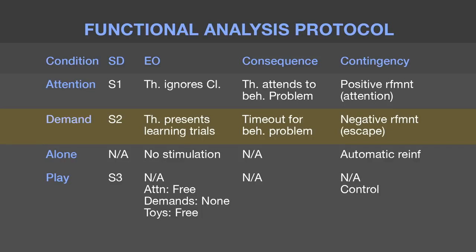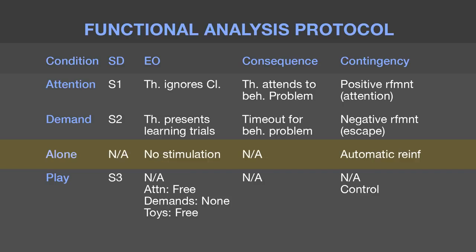And so the therapist would present those, and if the individual engages in the problem behavior, those are terminated for a brief period of time. And so what we have is contingent escape for the occurrence of problem behavior. And the influence of that kind of condition was illustrated in a series of studies conducted by Ted Carr many years ago.